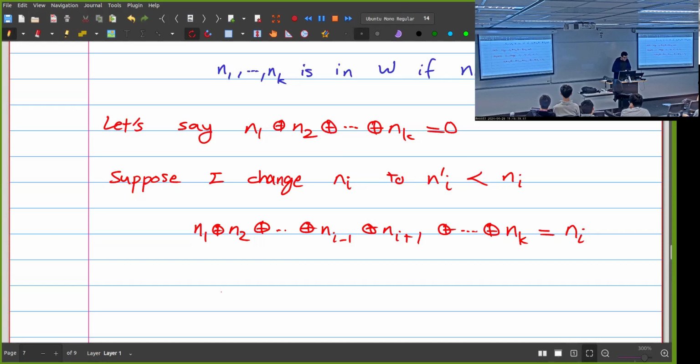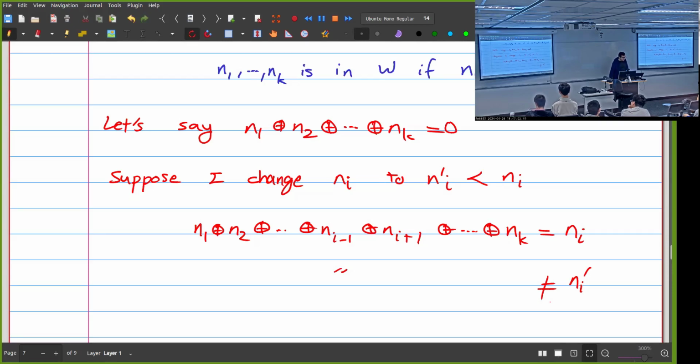But if this is the case, when I'm changing ni to ni prime, this XOR on the left is not changing, it's the same thing, but this one is changing to ni prime, so they're not going to be equal. And if they're not equal, then when I move the ni prime to the left again, the XOR of all of my numbers is not going to be 0.